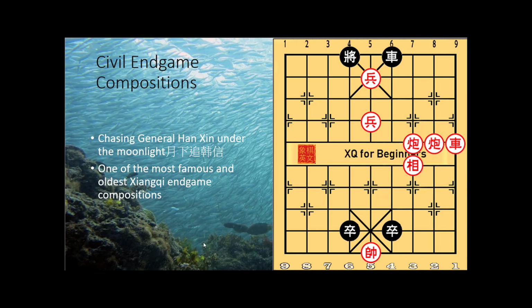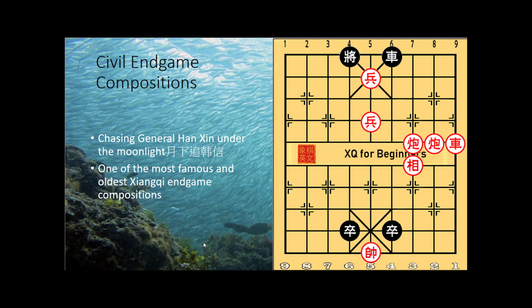The title comes from the Records of the Grand Historian, which spoke about Xiao He chasing General Han Xin after Han Xin felt disheartened for not being able to do more under Liu Bang's service. Xiao He went after Han Xin at night, chased and managed to catch up with him, and eventually managed to convince him to continue serving Liu Bang.